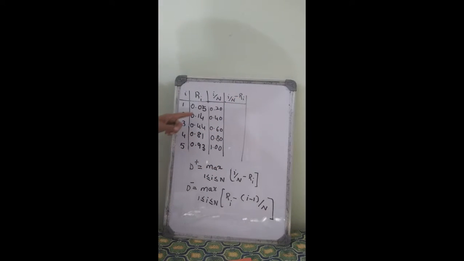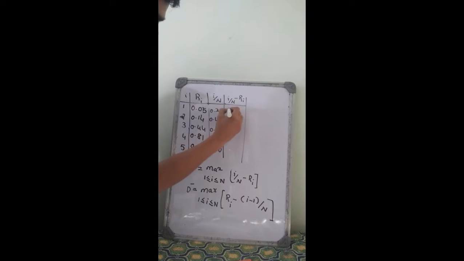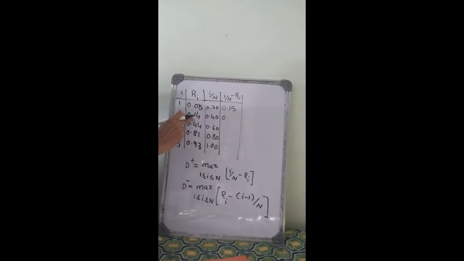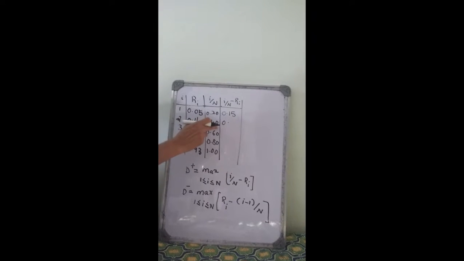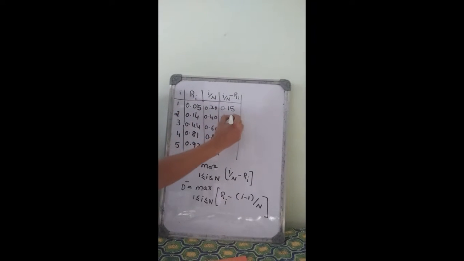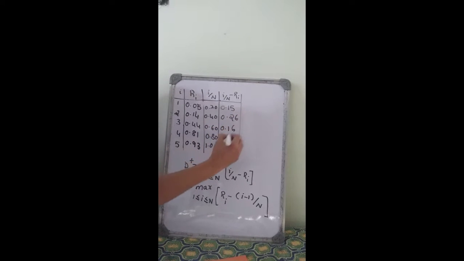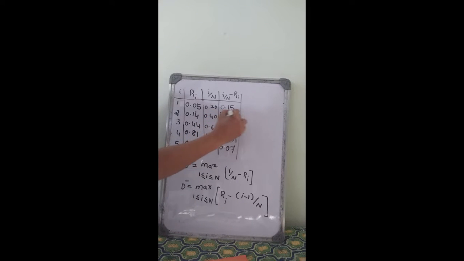So i by n is 0.20 minus 0.05, so you will get 0.15. Then for the second one, 0.40 minus 0.14, you will get 0.26. Like this, 0.16 minus 0.01, 0.07. So the maximum from all these numbers is 0.26.